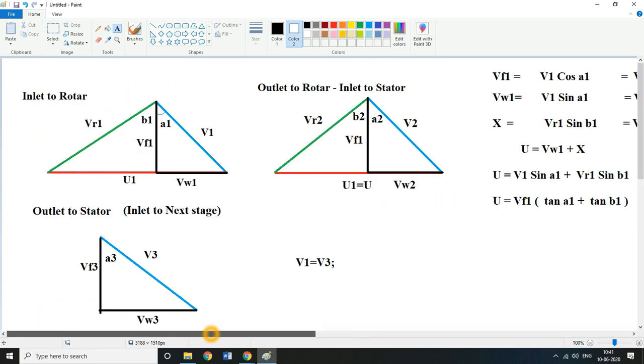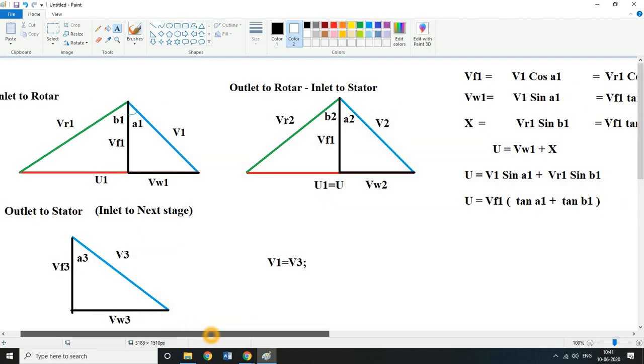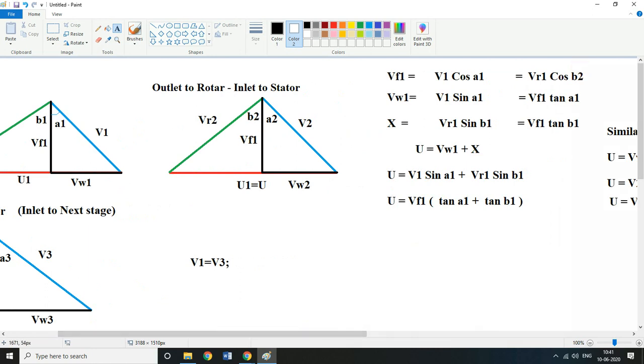Okay, so we'll just draw out some conclusions here. We'll try to segregate alpha and beta. So we know cos alpha 1 is adjacent by hypotenuse, so adjacent is VF1 by hypotenuse V1, so VF1 divided by V1 is equal to cos alpha 1, and that is also equal to cos beta 2.